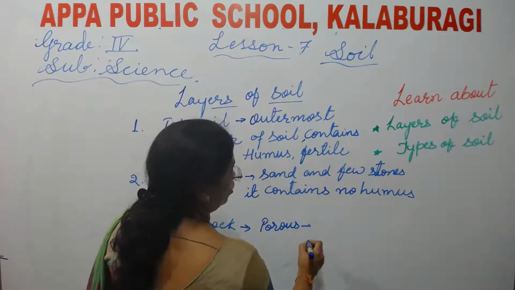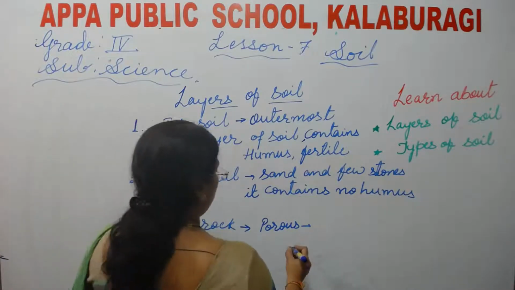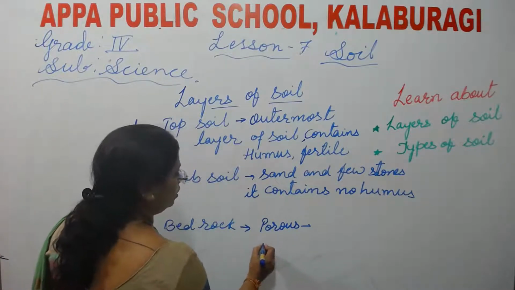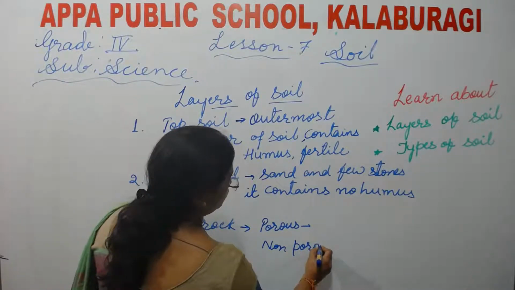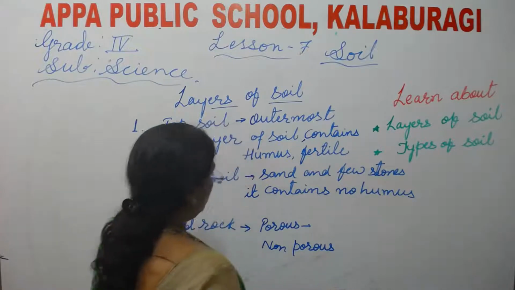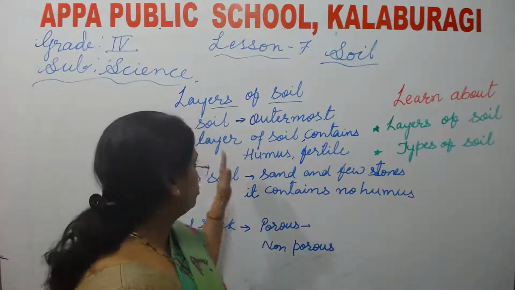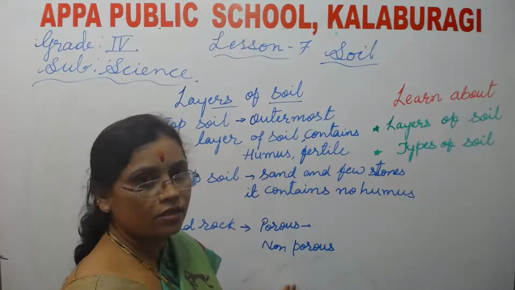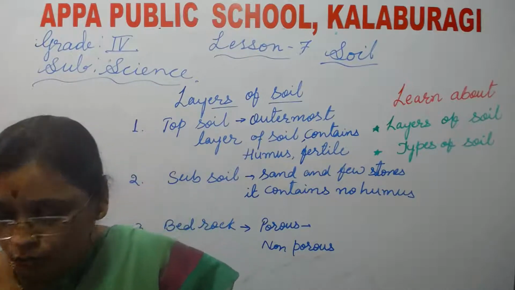Porous means they have tiny holes. And the rocks below are non-porous. So the water can pass through the porous rocks. So this is all about the layers of soil. Got it, children? Shall we move on to the next one?